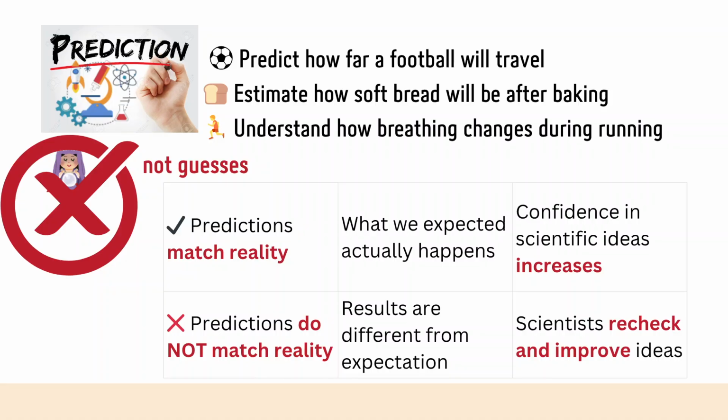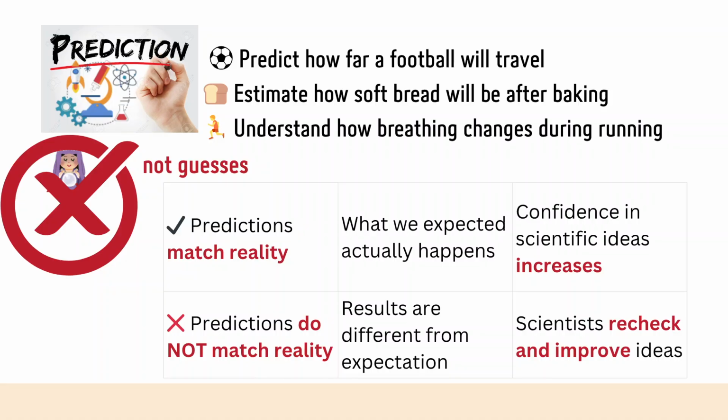Using chemistry, we can estimate how much carbon dioxide is produced in a reaction. Using biology, we can predict how breathing changes while running. These are not random guesses. They are predictions based on evidence and careful thinking.